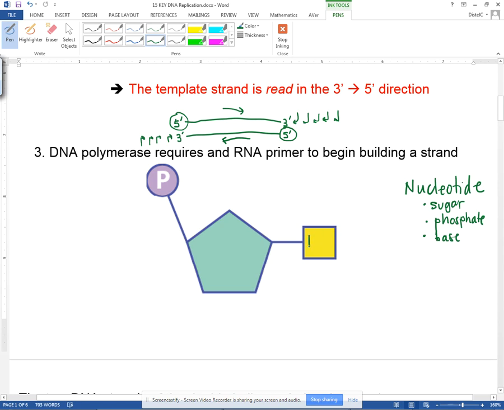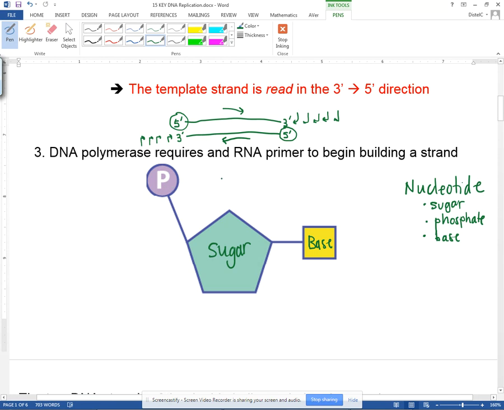In this picture, this arbitrary box represents a base. This pentose structure here is your sugar, and then P is your phosphate group.